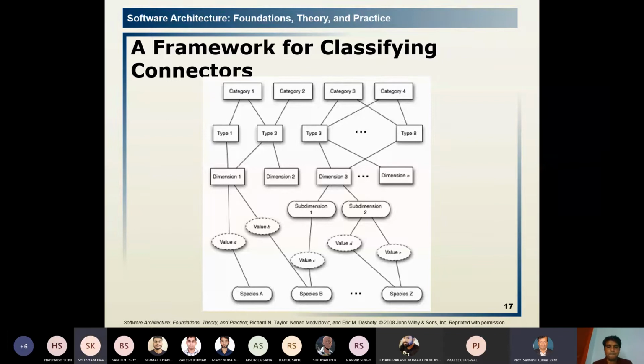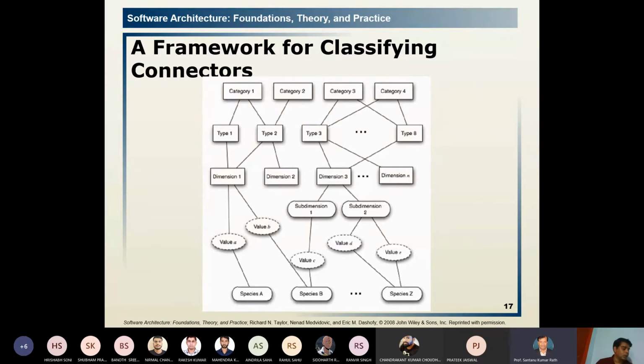You draw it and try to understand how there are 4 categories under it, how many types there are, 8 types, and how many dimensions, how many sub-dimensions, what the values are, how they are connected, and how many species there are.